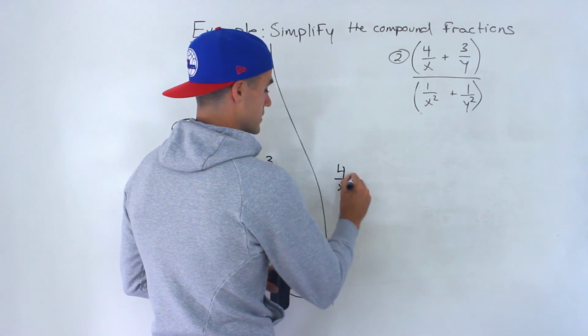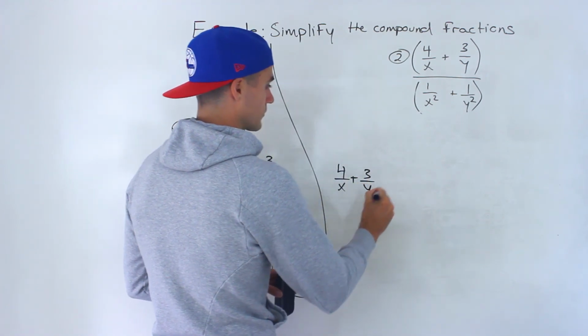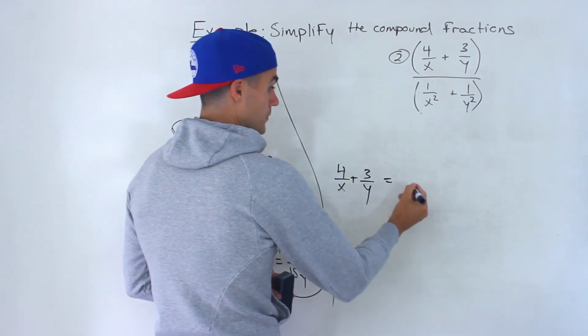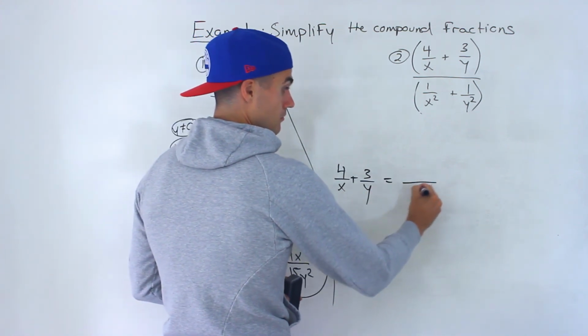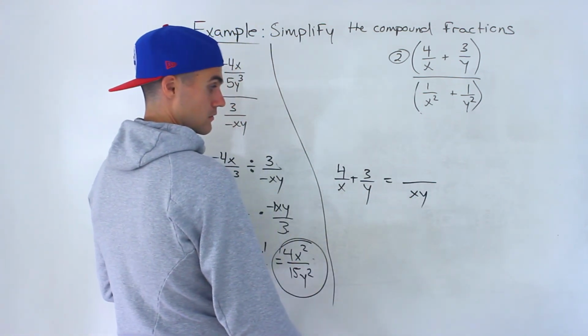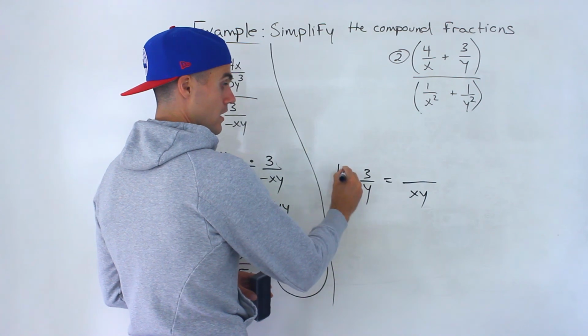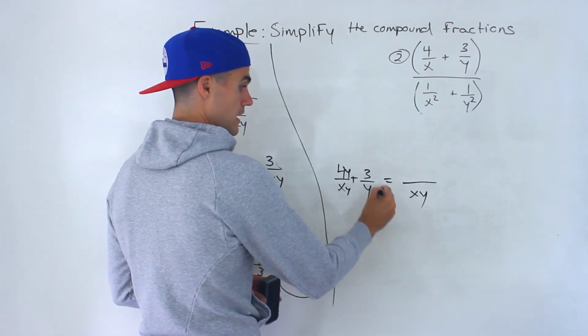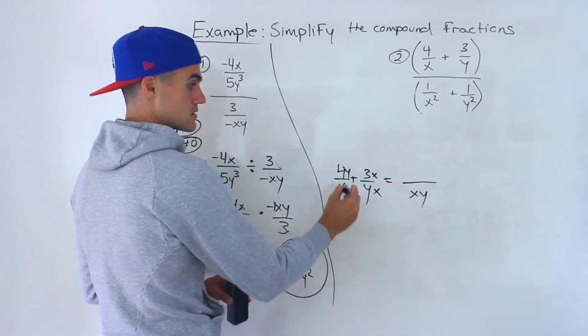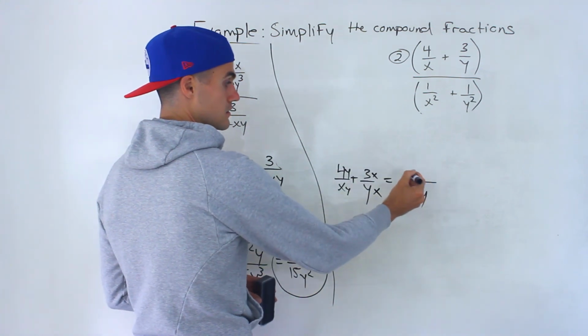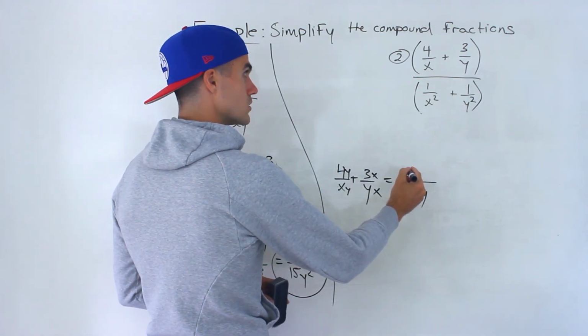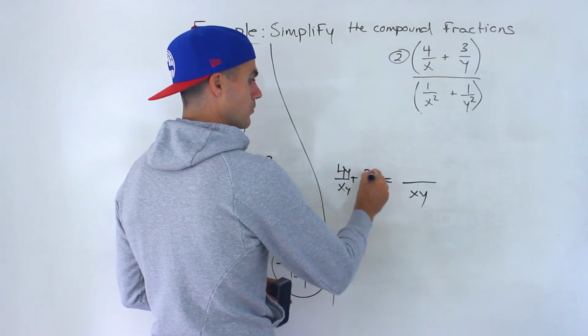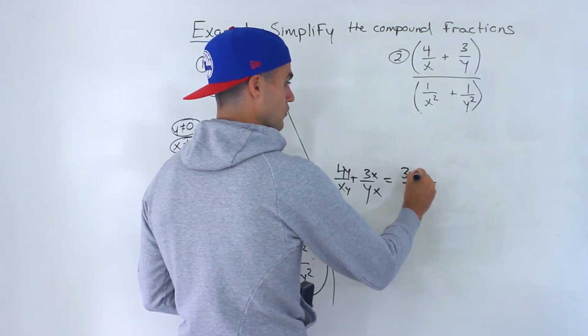If we have 4 over x plus 3 over y, what would be the common denominator between these? xy, right? So we multiply this x by y, so the top by y, multiply this by x, the top by x. So you'd have 4y plus 3x in the numerator. I'll put it in alphabetical order, so 3x plus 4y.